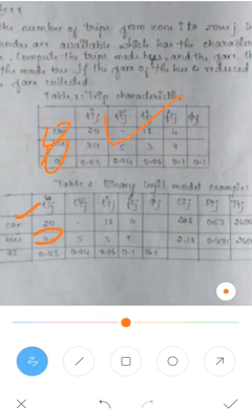Here 30 into 0.03, 5 into 0.04, next 3 into 0.06 plus 9 into 0.4. All together if you add it, you will get 2.18. So this is how the base cost of the car and the bus will be found. Next, the probability.